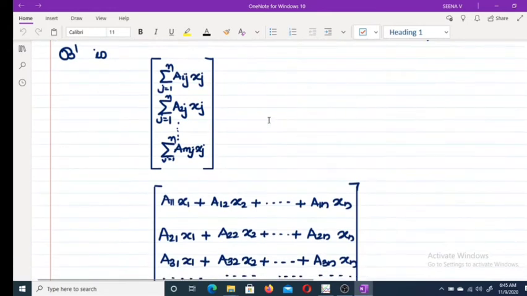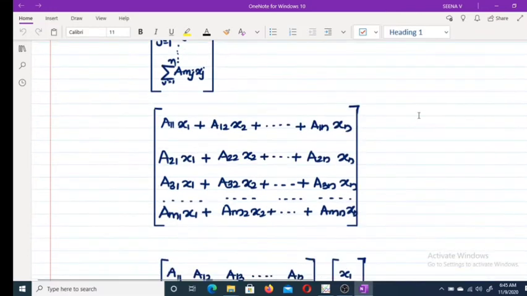So this is actually sigma j equal to 1 to n, this one, and this one. This matrix, if you write this expanded, this sum is like this: a11 x1 plus a12 x2 plus etc. plus a1n xn, etc. That is the expanded version.